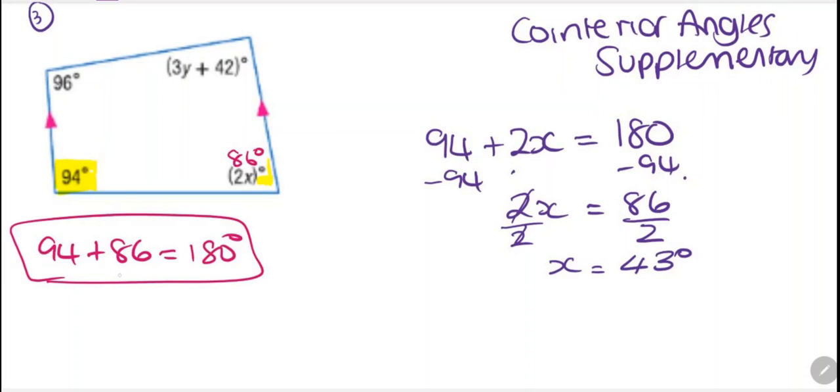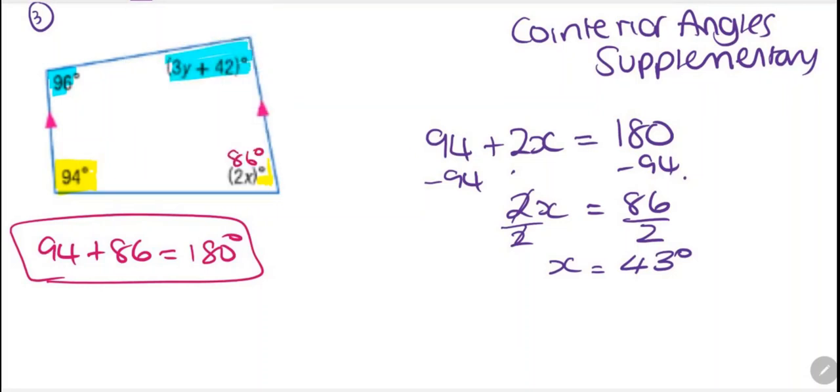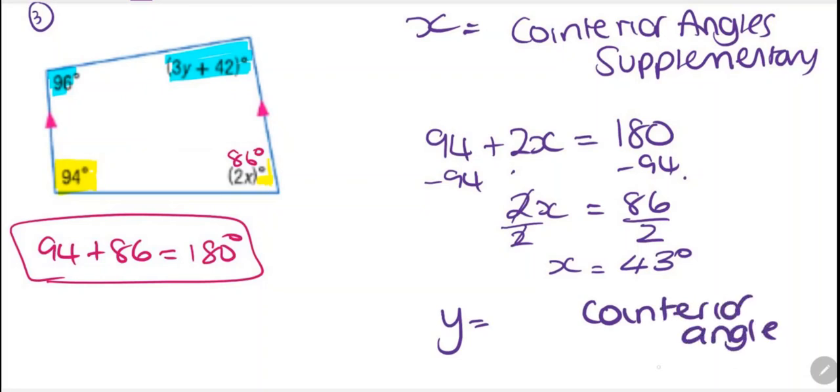Okay, so now let's look at the other angles. Now, these are also co-interior angles. So we'll say there, that was x. So we'll look at y. So y is also a co-interior angle, which is supplementary.